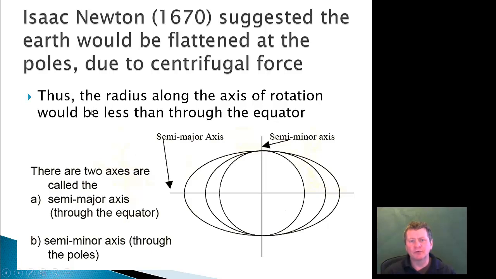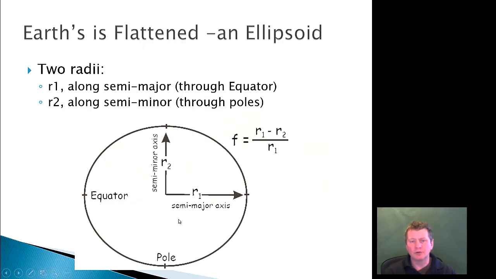So the thought was that there would be a different radius for the semi-major axis and the semi-minor axis, so there would be two different axes, which are shown here. The semi-major would be along the equator, and the semi-minor would be through the poles. How much it is flattened would be this ratio of the difference over the equator.